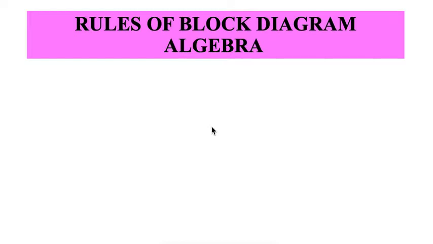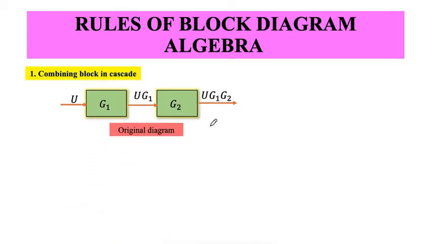So in the last lecture we have seen the cascade form. If you have two systems in cascade, then the overall function is just g1 g2.